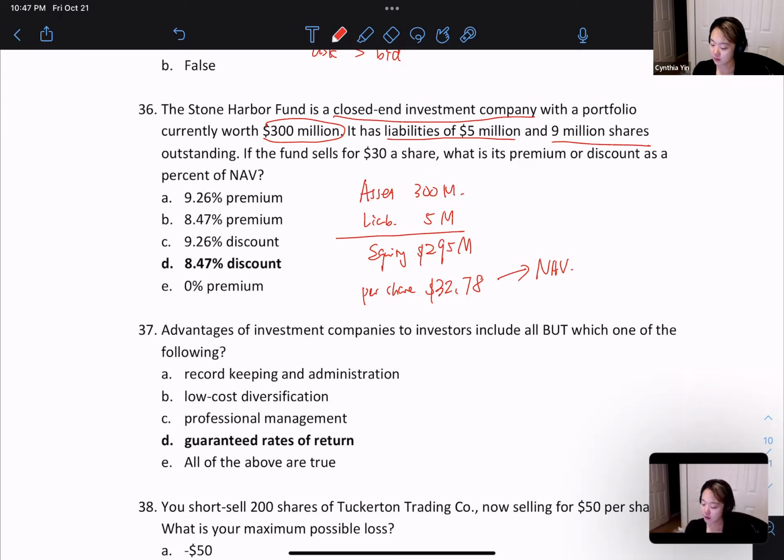If the fund sells for $30 a share, meaning that the trading price of the fund is lower than the NAV, right? So how much lower is it? It's 30 divided by 32.78 minus 1.